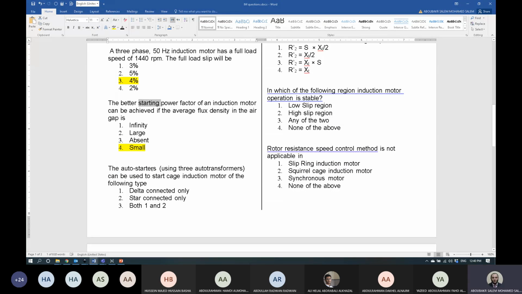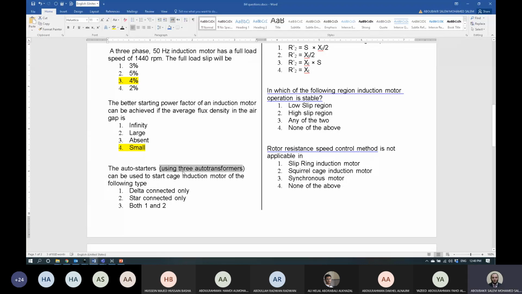The auto starters. Auto starters, this is a very general expression, guys. For that it's stated here using 3 auto transformers. So from the meaning here, they mean that auto starter, so he will use auto transformer to start induction motor.